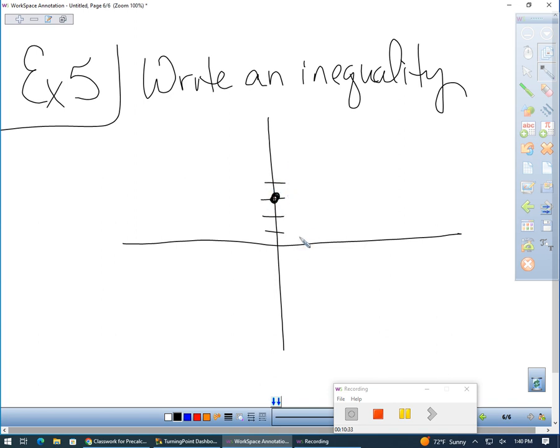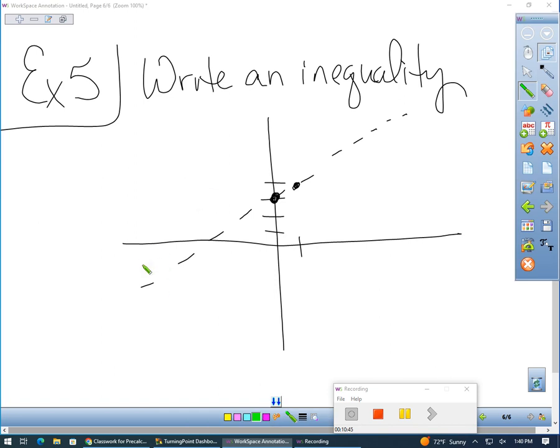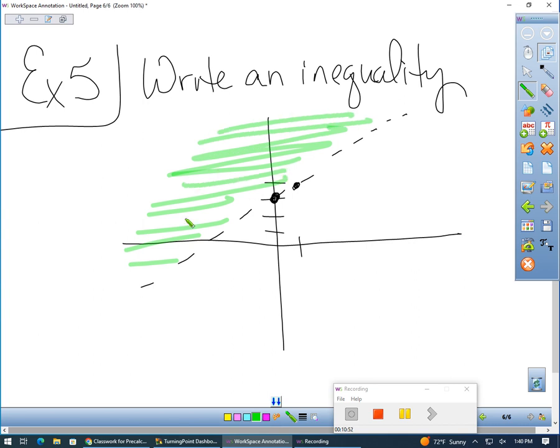And I'm just going to say my slope is 1. And then let's shade up here. All right, so you're going to be given the graph, and you've got to write the inequality.